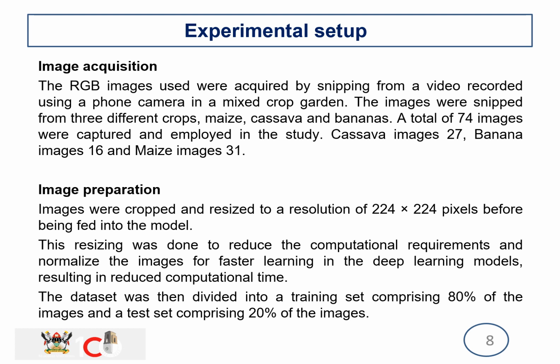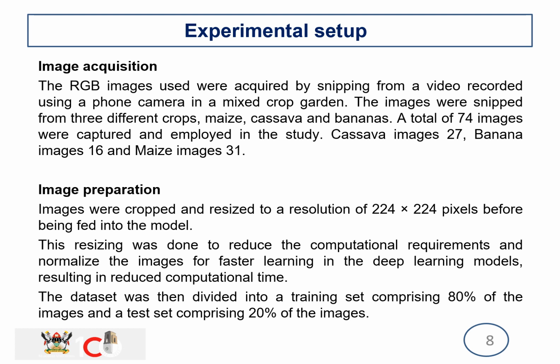A total of 74 images were captured in this case. Cassava took 27, banana 16, and maize 31 images. During the preparation of the images, there was auto cropping to a resolution of 224 by 224 pixels before we could fit them into the model.